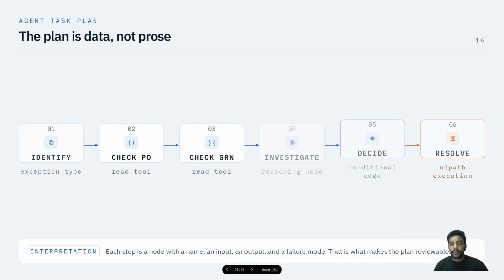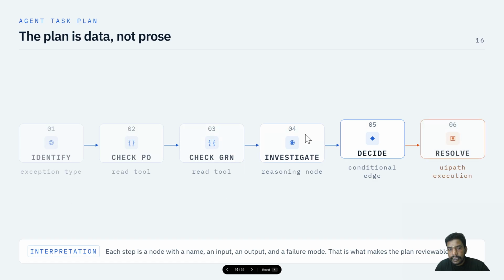Now, here is how the agent turns that case into an executable plan, right? Identify the exception type, check the PO number, check the goods receipts, investigate the difference, decide the action, resolve it.